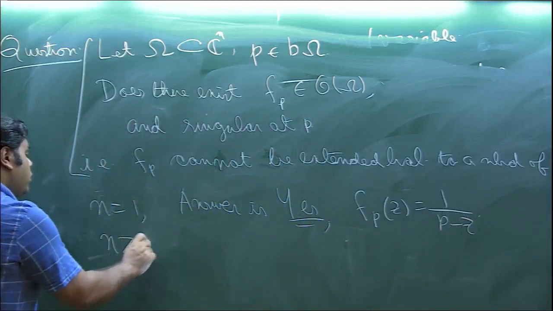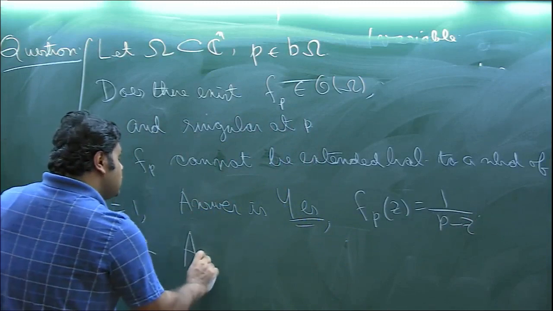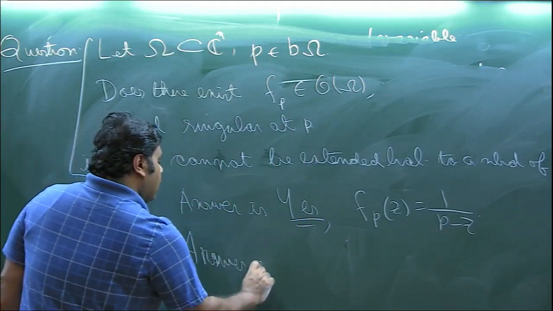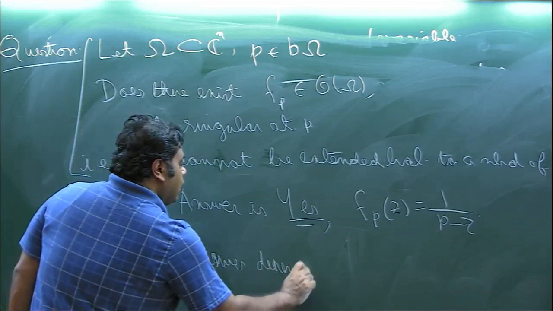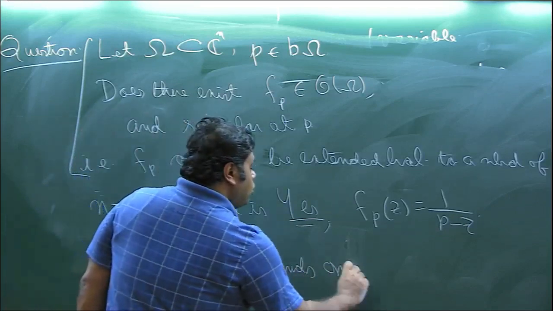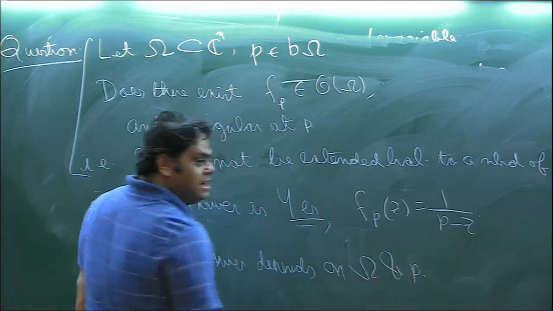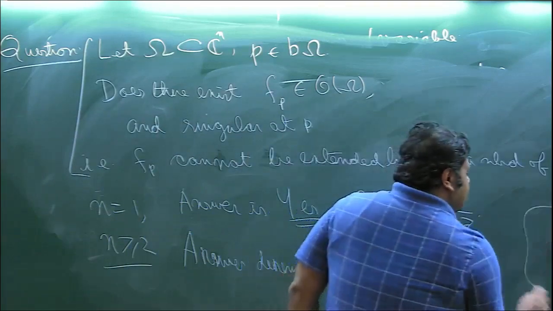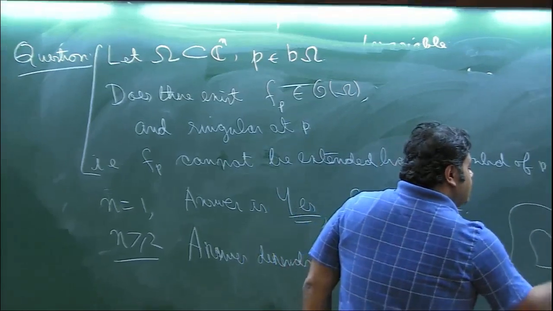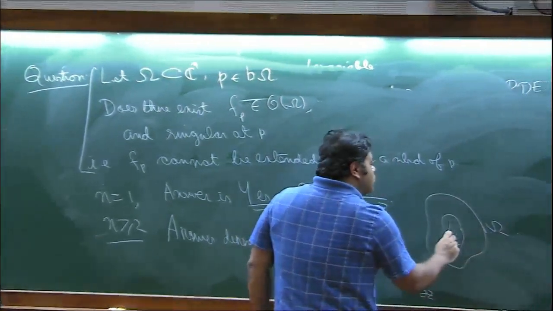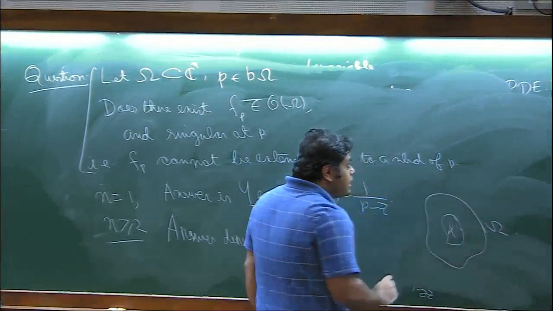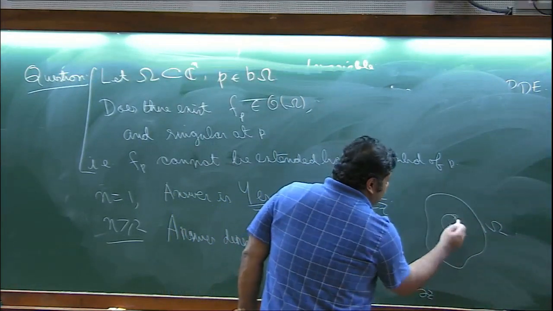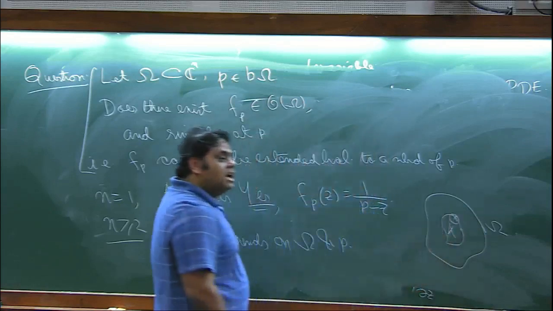And for n greater than or equal to 2, the answer depends on omega and P, as we just saw there. So for example, if I take my domain omega, which was obtained by punching out k out of omega 1, at these points the answer is no, because every holomorphic function on omega extends not only to a neighborhood of this point, but completely through k.